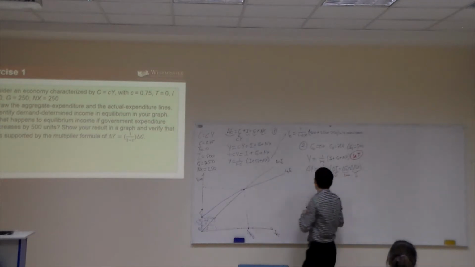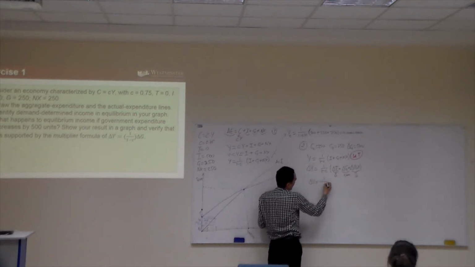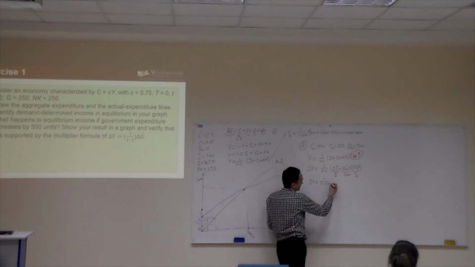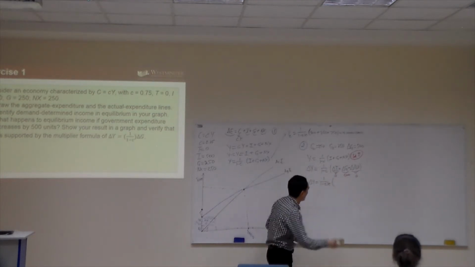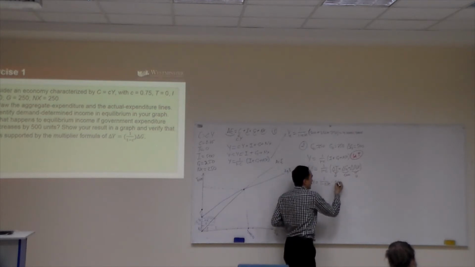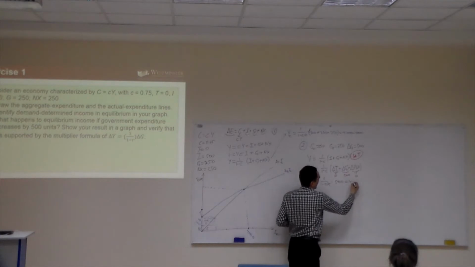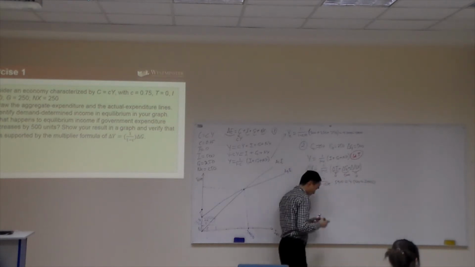Now you can easily find it, because change in Y is equal to 1 over 1 minus the marginal propensity to consume of 75%. There is no change in investment or net export, so it's multiplied times 500. And 4 times 500 is going to give us 2,000.